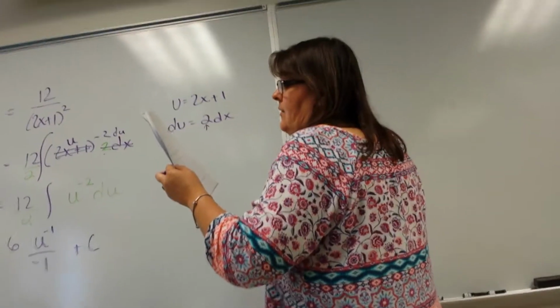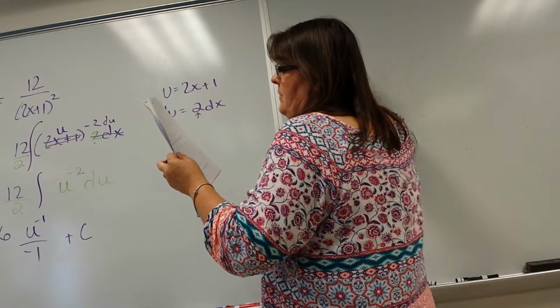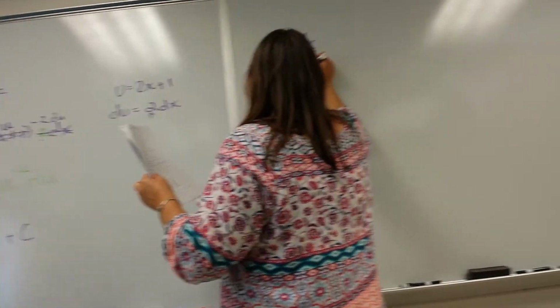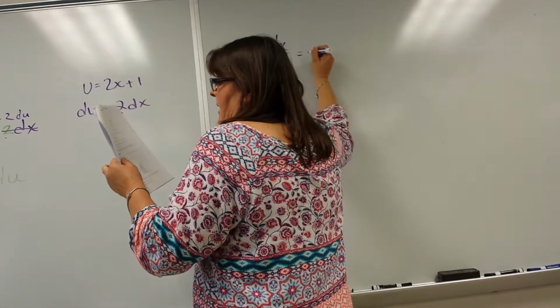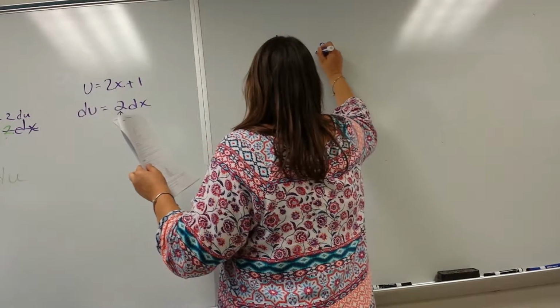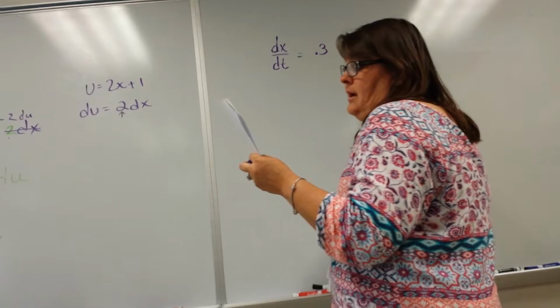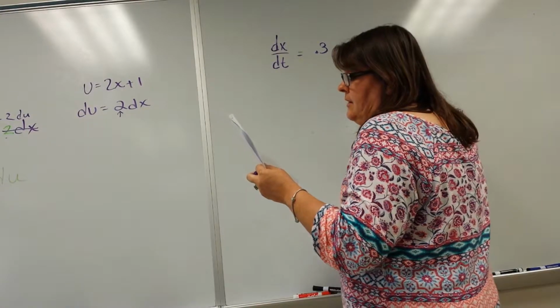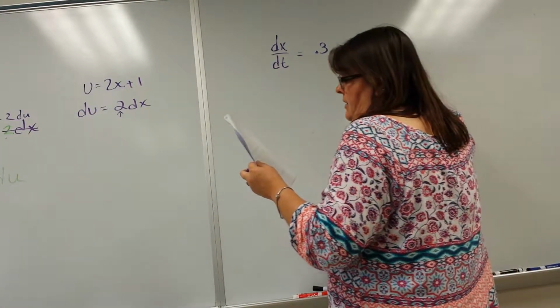So let's do it. A point is moving along a curve in such a way that the coordinate of x is increasing, so it's changing over time, at a constant rate of 0.3 units per second, right? Find the rate at which the y coordinate is increasing.